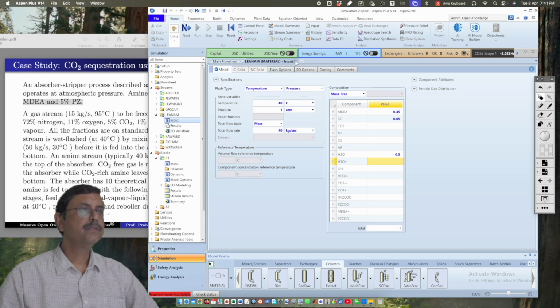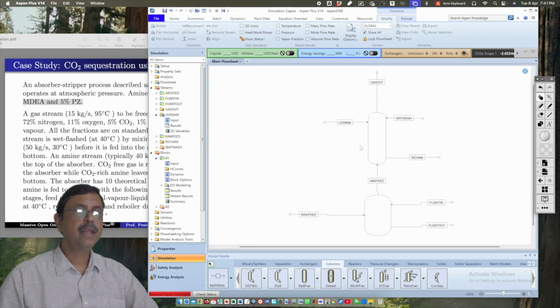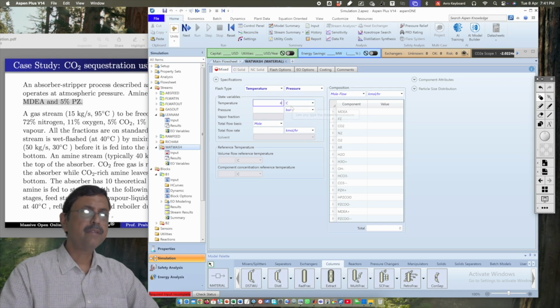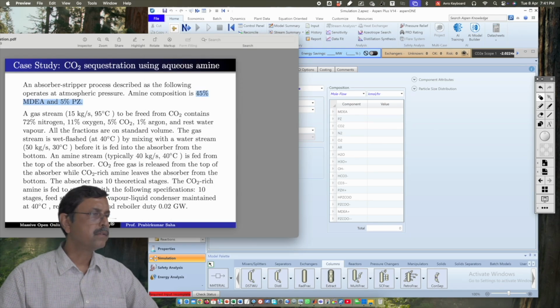Right? So this is the amine inlet and water wash inlet. Right now we do not have any recycle stream. We will assume something. What will we assume? That it is coming in at 40 degrees centigrade. In fact, we have the information. Yes, the partial vapor liquid condenser is maintained at 40 degrees centigrade.